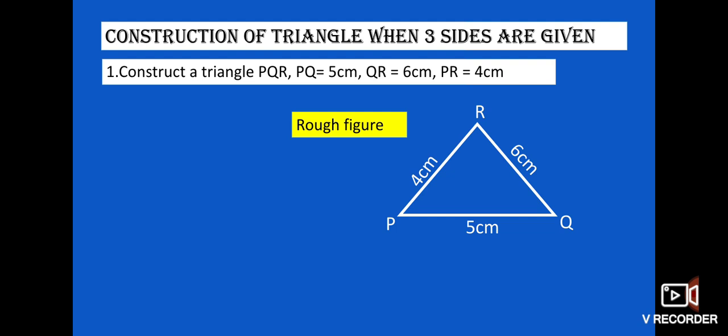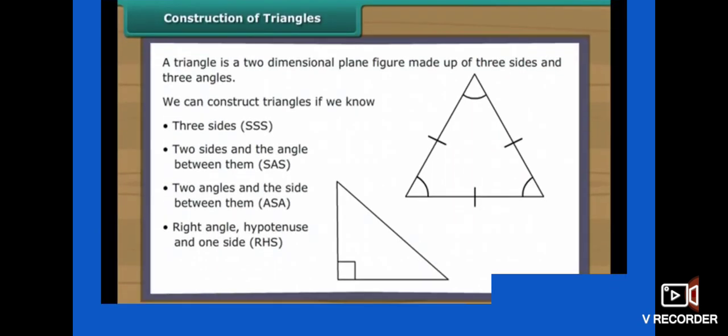By using the measurements, we have to construct this triangle using our compass and ruler. That is what we have to discuss today. So you watch here, listen very carefully. This is the SSS criterion, that is side, side, side.